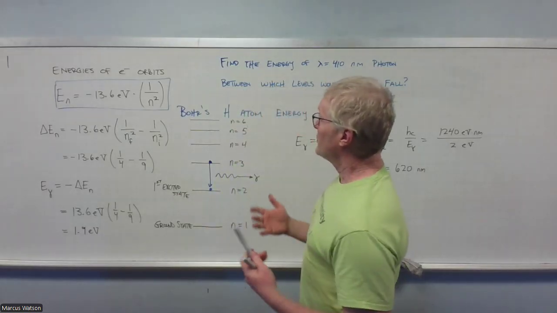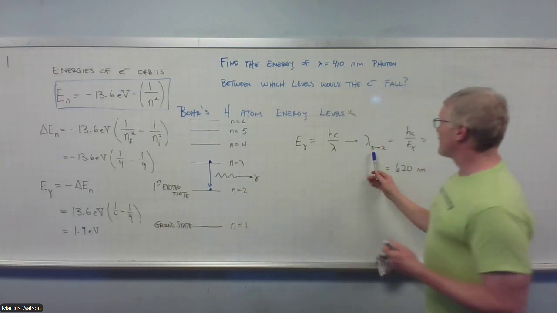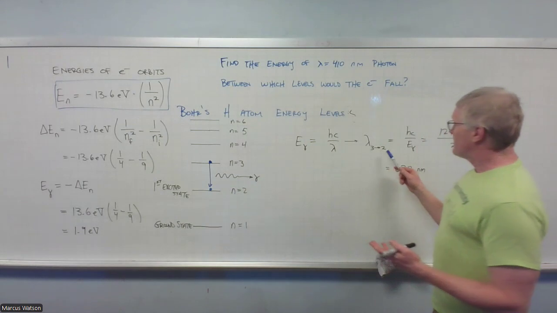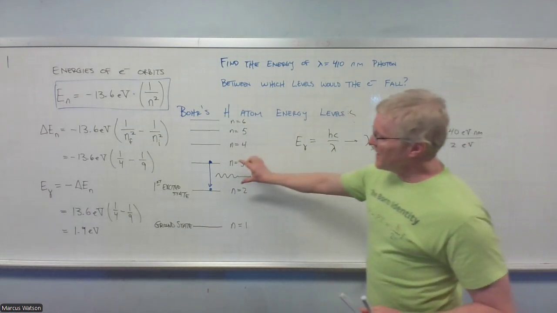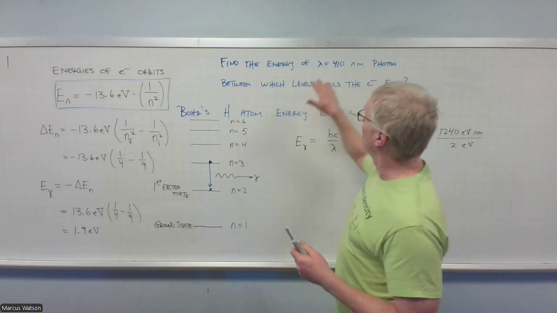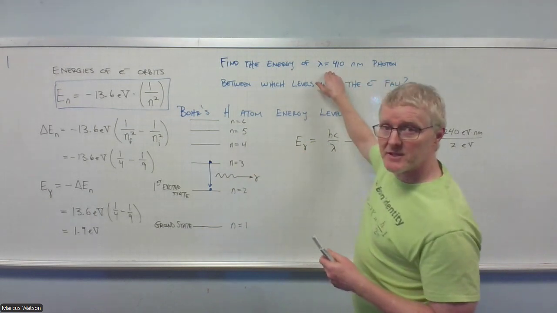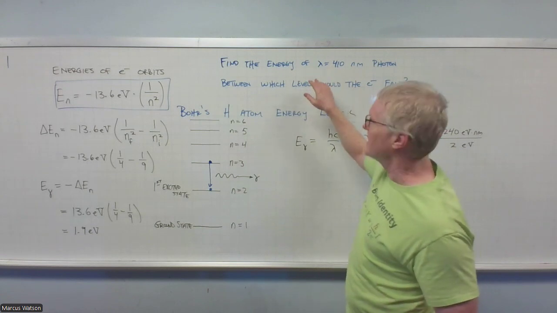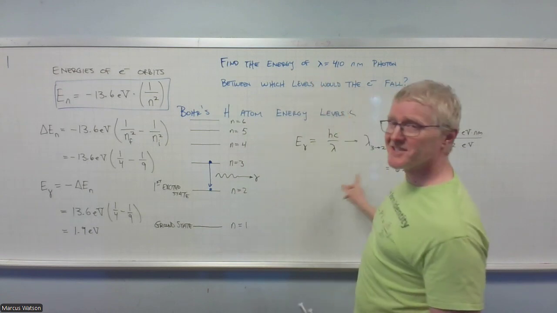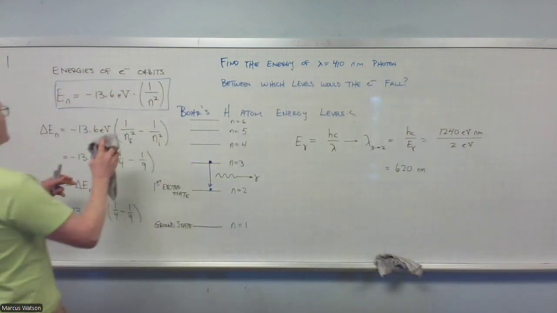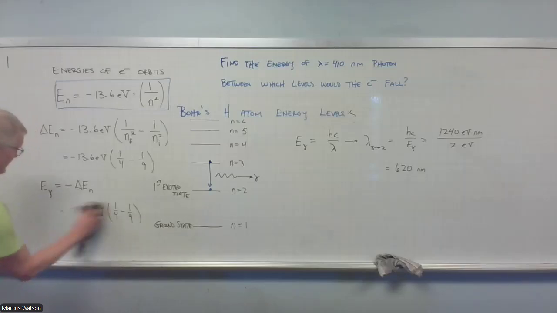So the good news is we started off with a 3 to 2 transition, which was in the visible. And the 3 to 2 transition is a pretty small energy transition. Now, if I think about finding this energy, let's compare. What do we expect to have happen to the energy of a 410 nanometer photon compared to a 621? What's the energy of that? I'm going to take away all this.